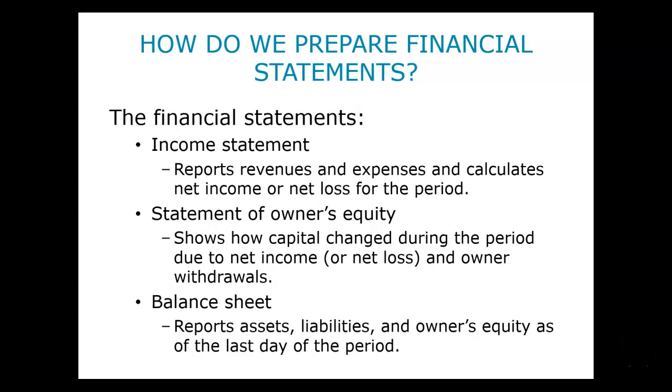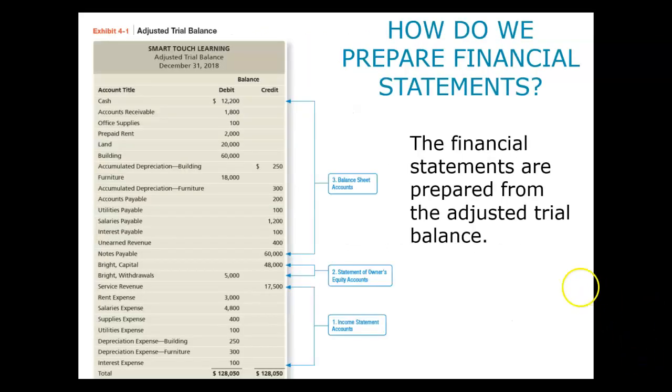This one's going to be a little more detailed. So all of these financial statements, you get those numbers from the adjusted trial balance. After adjusting entries have been made, we did that last chapter. All of the numbers you use to do these statements are coming off that adjusted trial balance.